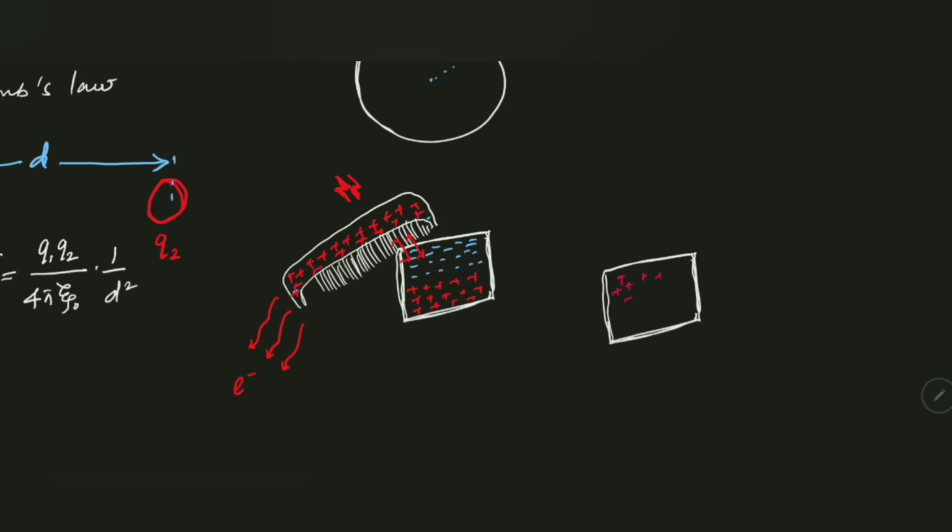Not exactly as previously, but they get scattered, and they are no longer in the position they were in when touching the comb. So the force of attraction is lost, and therefore the paper falls down. So this is what is happening.